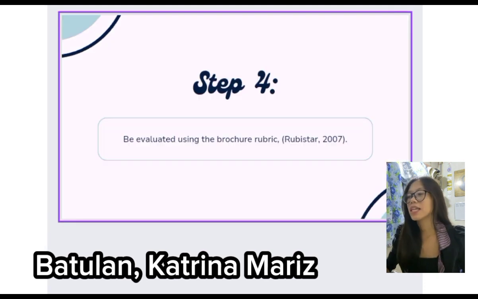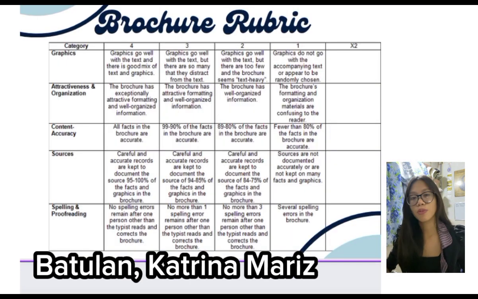So lastly, here is step 4, be evaluated using the brochure rubric. This brochure rubric is from Ruby Star of 2007. So here we have 4, 3, 2, 1, with 4 as the highest score. We have the categories: graphics, attractiveness and organization, content accuracy, sources, spelling, and proofreading.